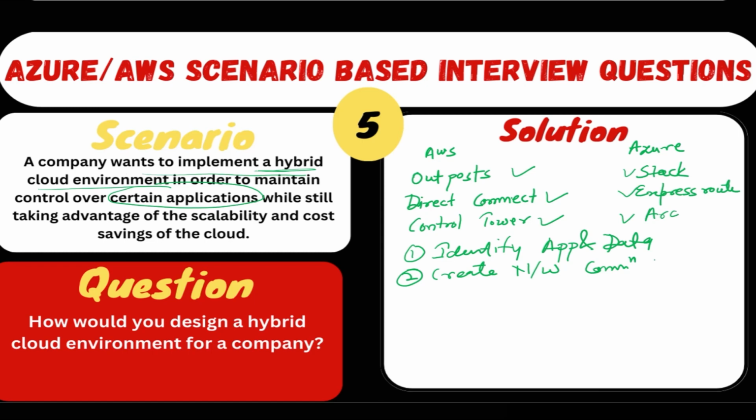For AWS, we will use the AWS Outposts service, which will help us run cloud services on premises. Because whenever we are using a hybrid environment, we need to have a sync between the on-premises and the cloud environment, right? So in that case, we will use the AWS Outposts service, and in Azure, we will use the Azure Stack service to run cloud services on premises.